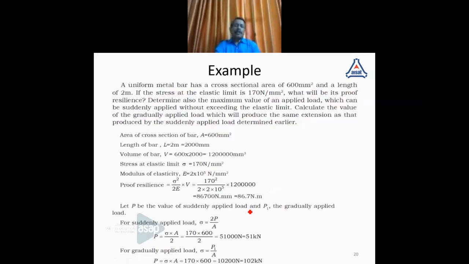For a suddenly applied load, we know sigma is equal to 2P by A. Throughout the loading, the load is applied all of a sudden, so we will consider it as 2P.